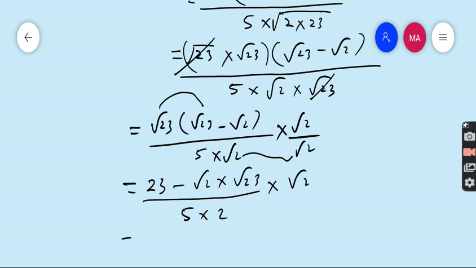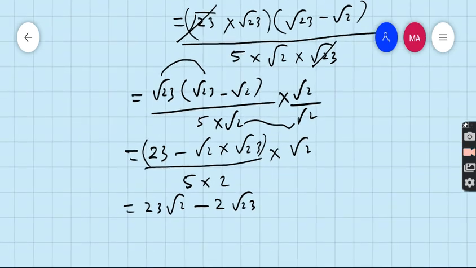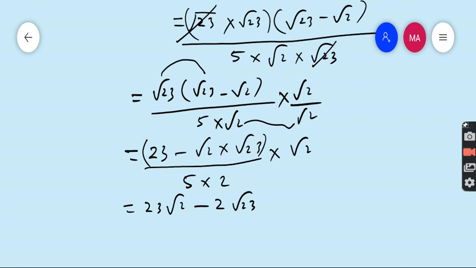Okay, now multiply this root 2 by the whole numerator. Root 2 into 23 is 23 root 2. Root 2 into root 2 is 2 root 23, and 5 2s are 10, and this is our final answer, which is present in the book. That's why I am doing a lot of work.